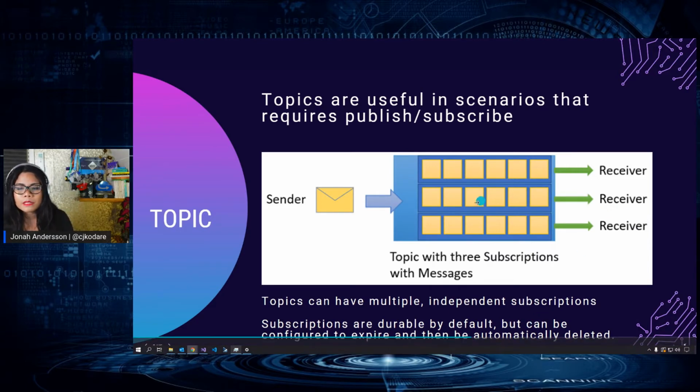So it's a one to many publish, subscribe method, and usually subscriptions are considered durable by default. As someone who administrates this messaging service, you have the option to configure your subscription, like when it expires or when it can be deleted.